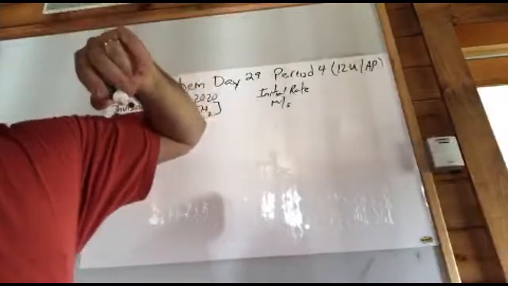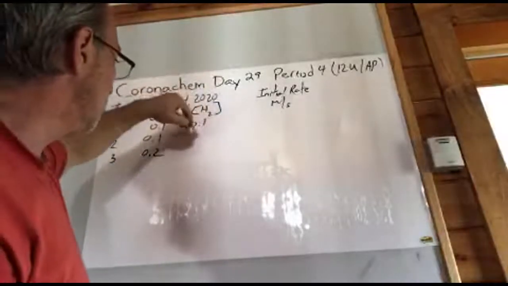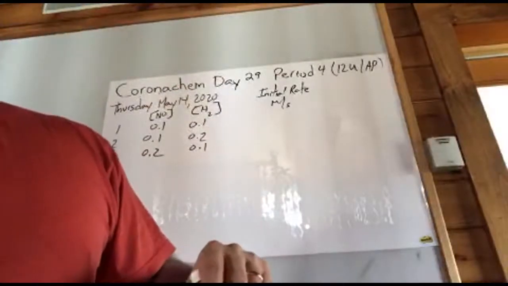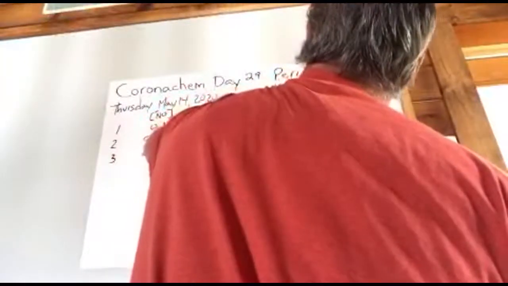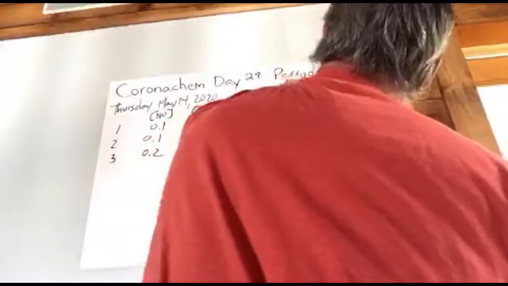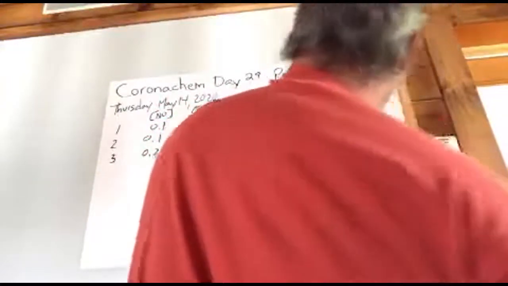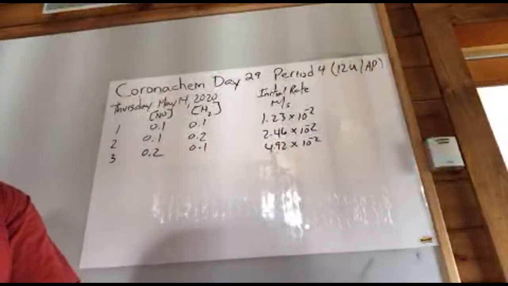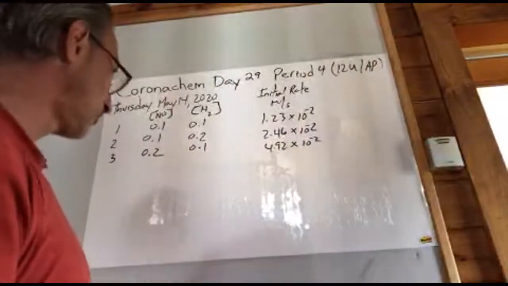And the hydrogen concentrations were 0.1, 0.2, 0.1. And then you had 1.23, 2.46, and 4.92 times 10 to the negative 2 each time, molarity per second. Okay, so those are your experimental parameters.